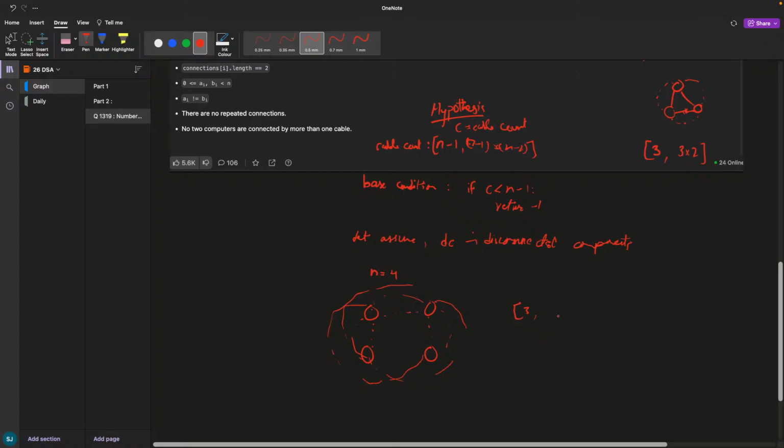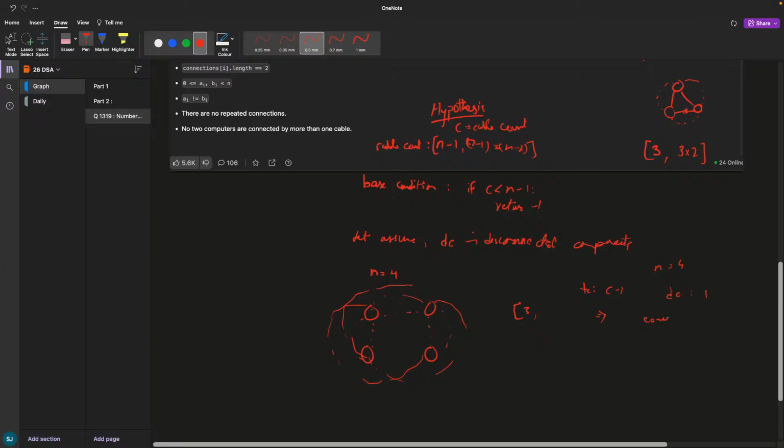So you need c minus 1 to connect, and we have to connect c minus 1. Disconnected component was 1, total n was 4.